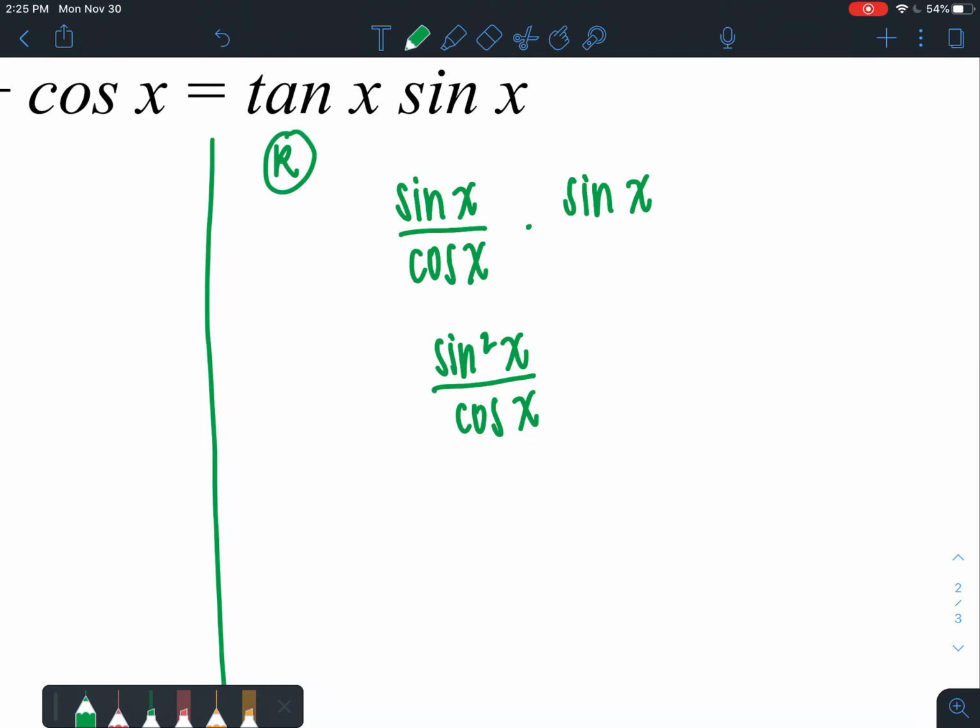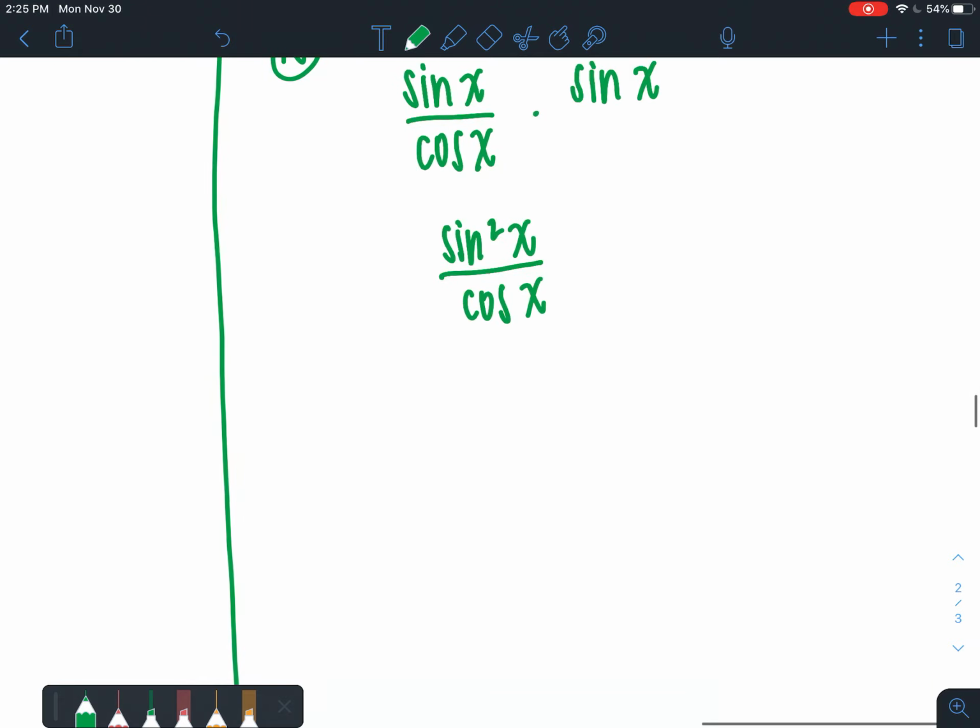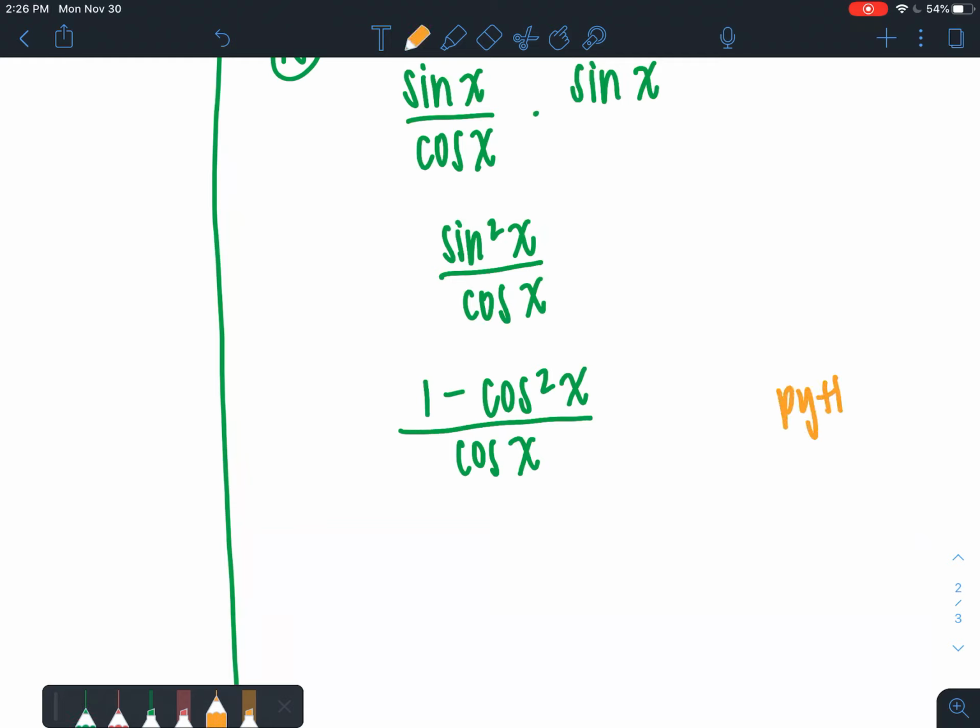All right, then we have a Pythagorean identity, because sine squared is equal to 1 minus cosine squared x. That was using a Pythagorean identity.